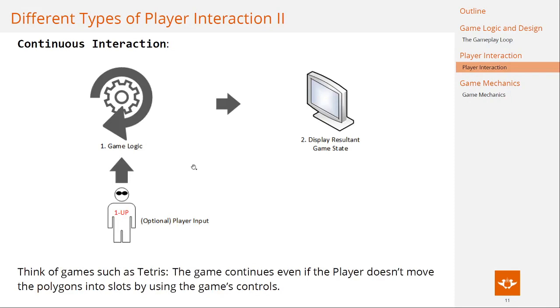Fortnite, if you were to land on the island and not touch your controller at all, the game would still continue playing. You as the player have just elected not to put any inputs into the system, which means your character will not move about in the world.